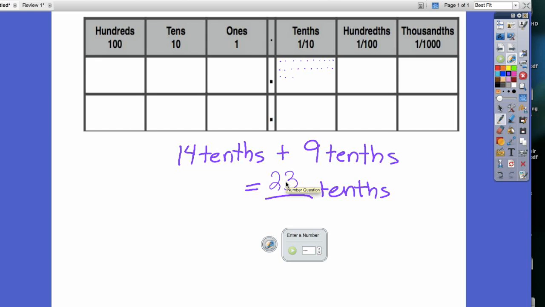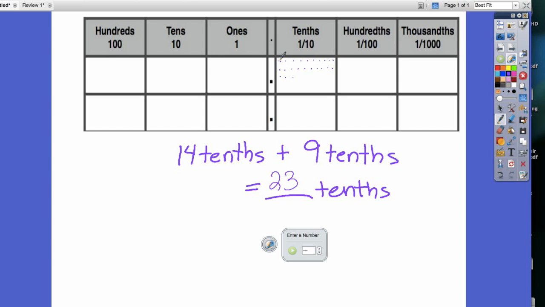23/10. But we know that you can't have more than how many in one place? Okay, good, because remember 10's a magic number, so you can only have 9. And then once you get that one more 10, it goes to the next place. So let's look at this.